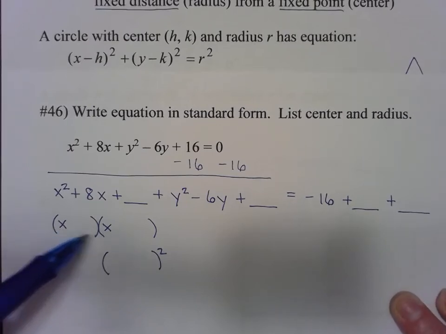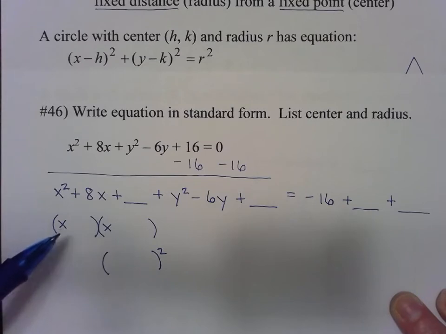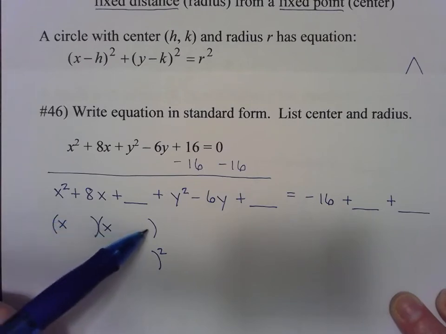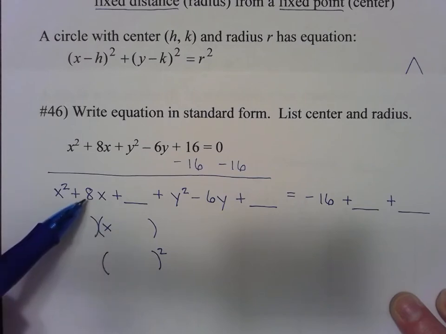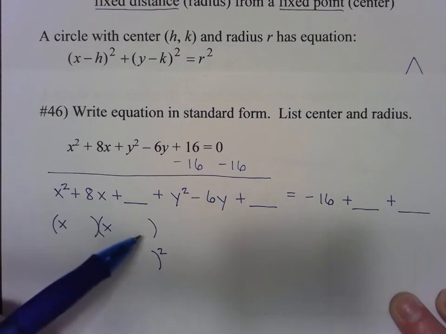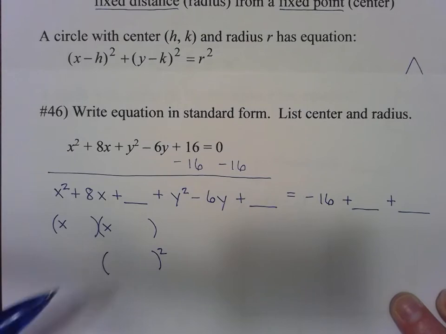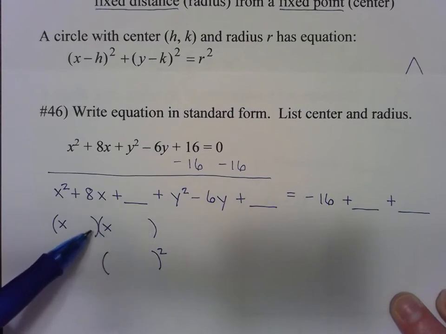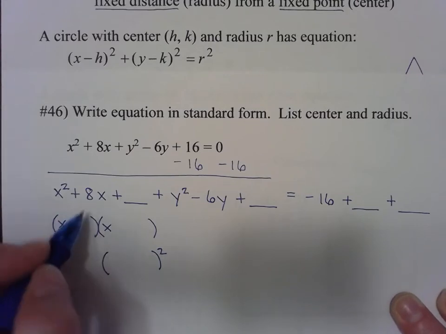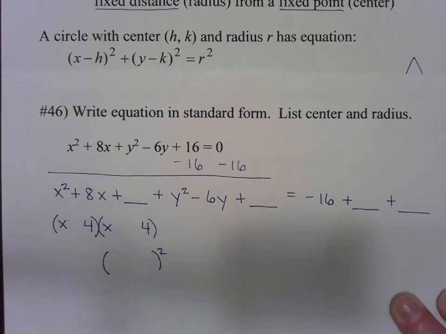So if I want to factor this into two equal parentheses, I need two equal numbers in the back that add to be 8. Because they're equal, there's only one choice, right? 8 and 1 is not going to work because they have to be equal, right? Likewise for any other combination. The only thing that's going to work, because I want these to be equal, is 4 and 4.